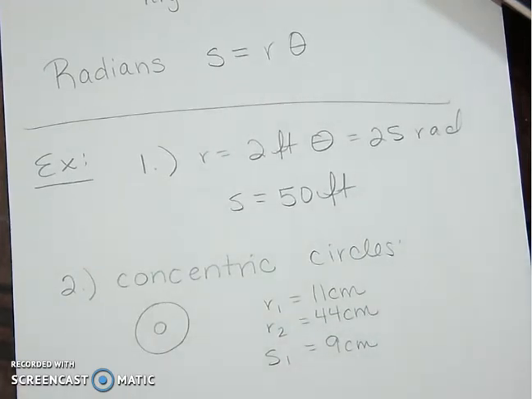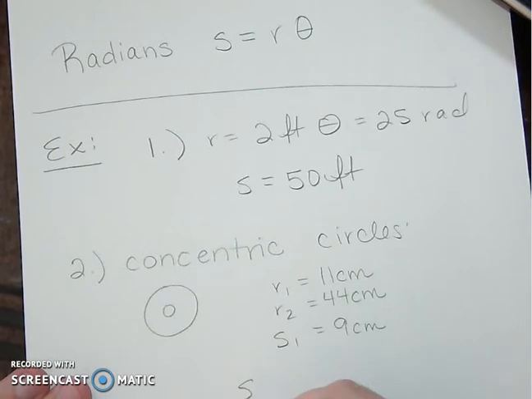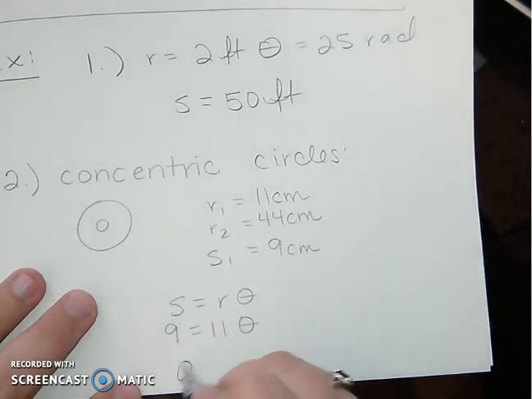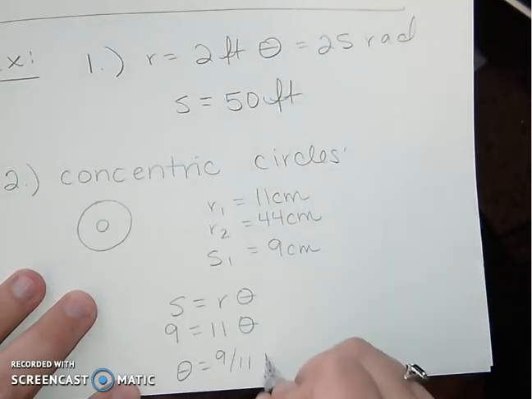Because it's a circle inside a circle, the central angles will be the same. So I can solve for that first. S equals r theta. S is 9, R is 11. I don't know theta. So theta is 9/11ths radians.